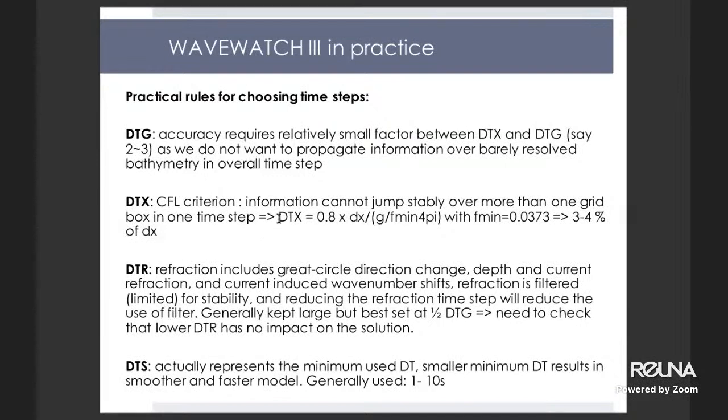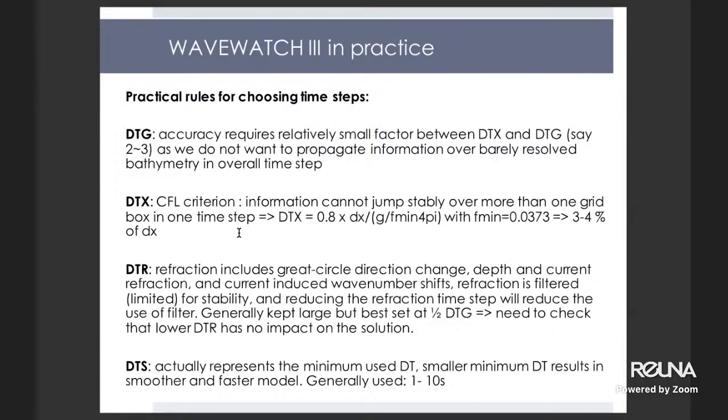And so I put here the little equation that can be used to compute this DTX, as it depends on your frequency discretization, and so on, F-min, which is the minimum frequency used in your discretization. Usually it is about 3 or 4% of the X, but you have to compute it properly with this little formula. Then you have the refraction time step.